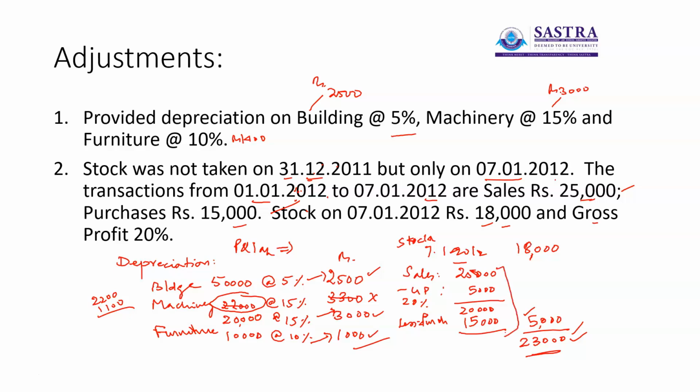And we need to do adjustment with regard to transactions from 1st January to 7th January for sales of rupees 25,000, against which profit of 20% should be reduced. You get the cost, from which less purchases, you get the stock that should be added. So your total closing stock should be valued, should be taken as 23,000.